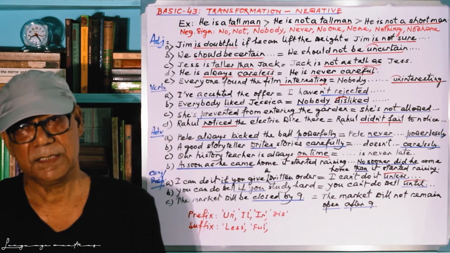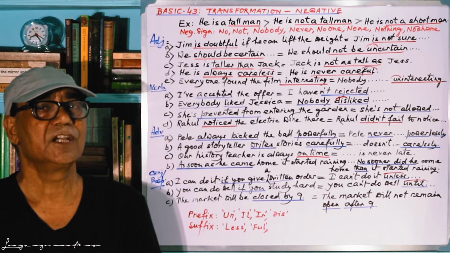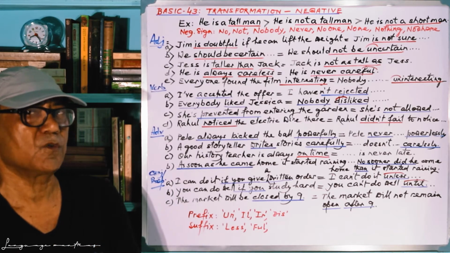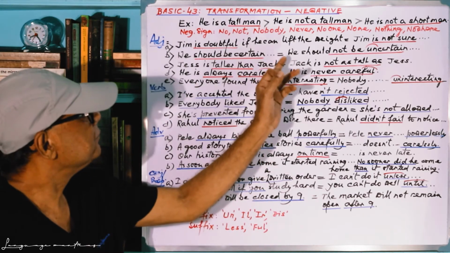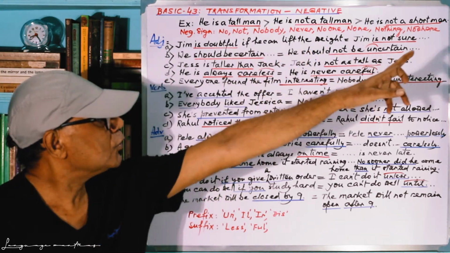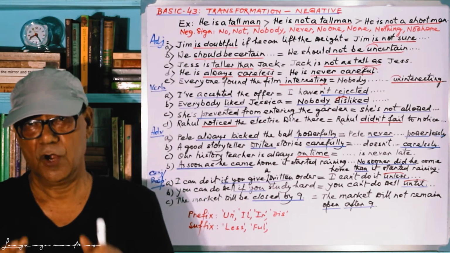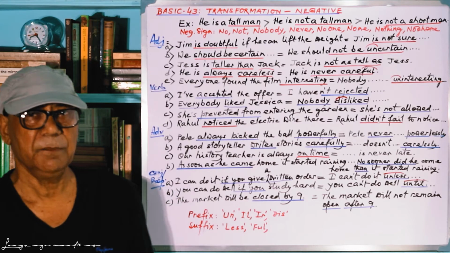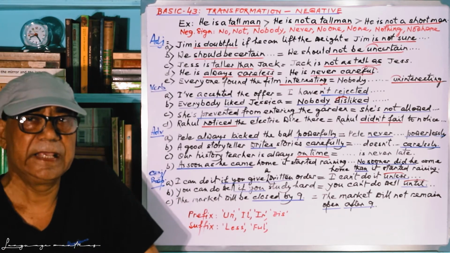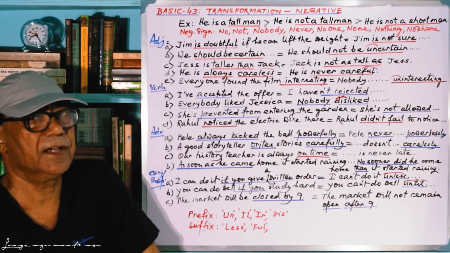So what is that word? He is not doubtless. Or Jim is, say, not sure. Doubtful means not sure. So Jim is not sure if he can lift the weight.